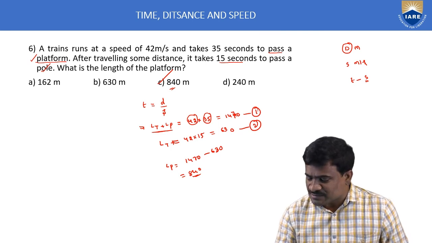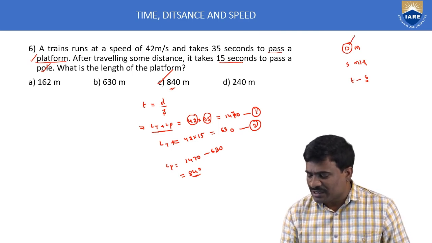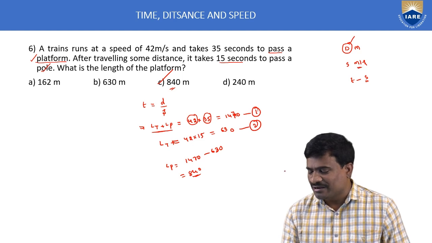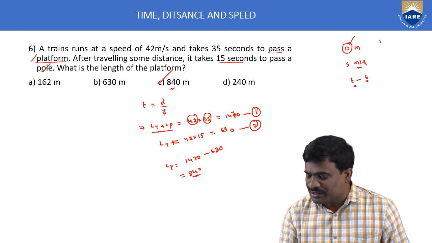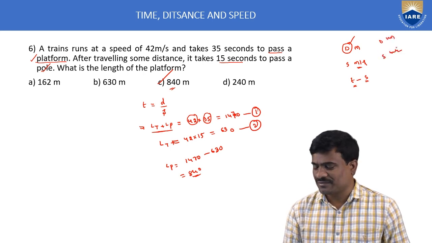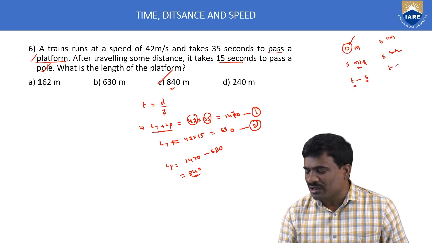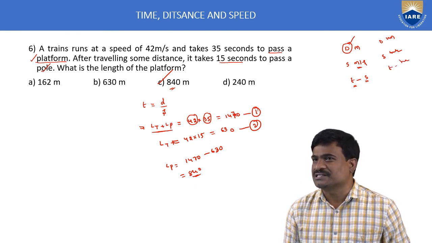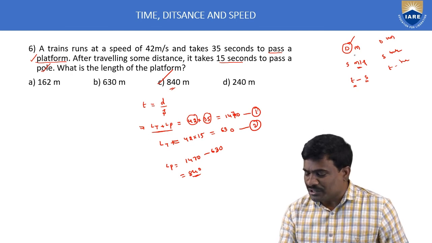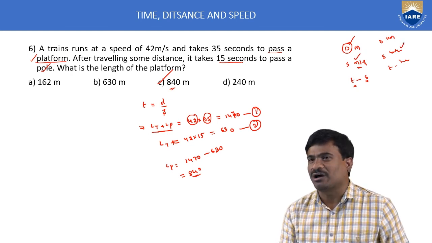If distance in meters is given, speed converts into meters per second and time converts into seconds. Suppose distance in kilometers is given, speed converts into kilometers per hour and time converts into hours. Only two methods are applicable in time, distance and speed: either meters per second or kilometers per hour.